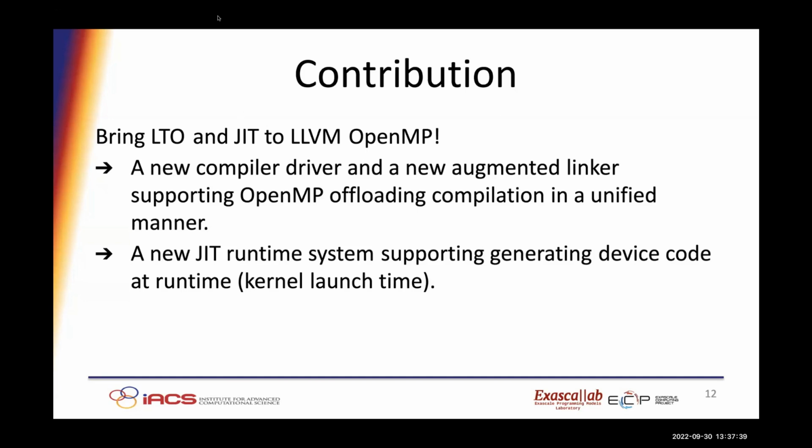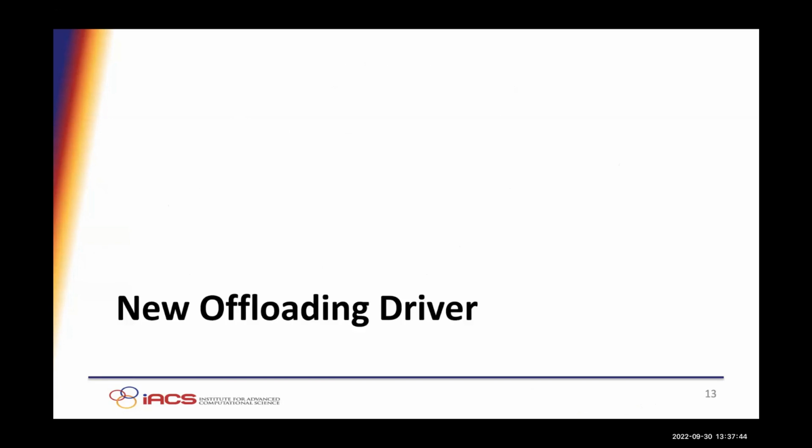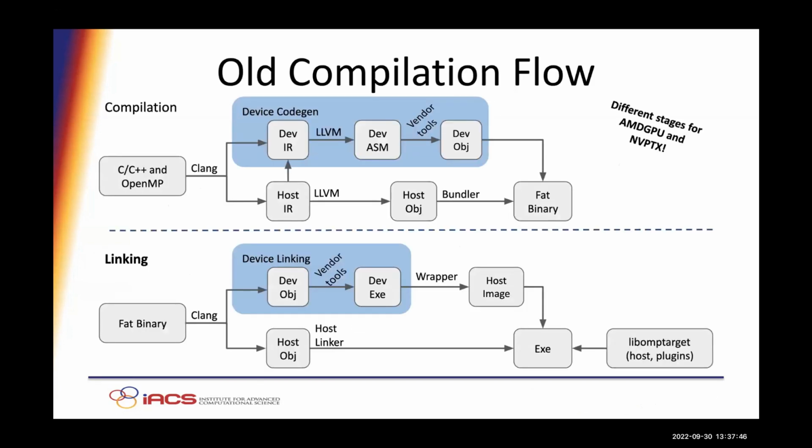Okay, thank you, Shilei. Like he said, the old offloading driver had some major issues that actually prevented us from correctly supporting LTO and JIT in the device. If you look at this general overview of the compilation flow for the old, now completely removed driver in upstream Clang, we would first take all the sources, do the host and the device code gen, and then use an explicit bundler application to create a fat binary.